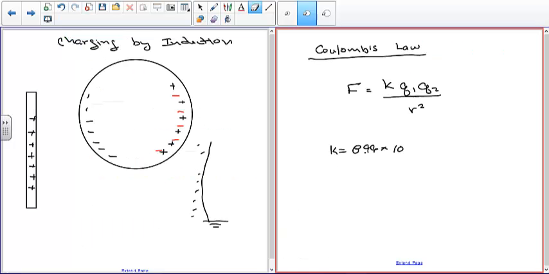Yep, not 10 to the minus ninth. And the units are newtons meters squared per coulomb squared. The way I remember that is newtons meters squared divided by coulomb squared. You just go back to the basic equation. It's still newtons.